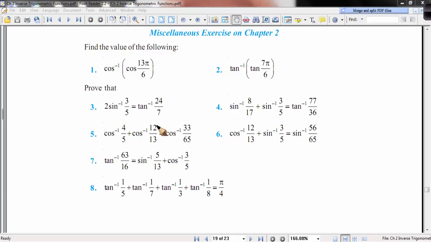Next question, I need to prove cos inverse of 4 upon 5 plus cos inverse of 12 upon 13 is cos inverse of 33 upon 65.